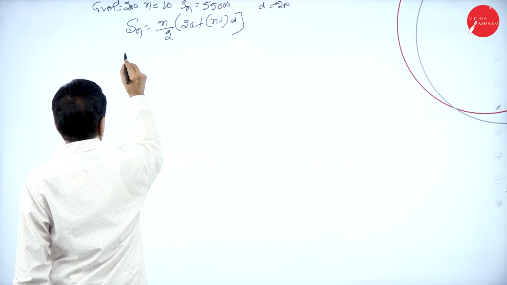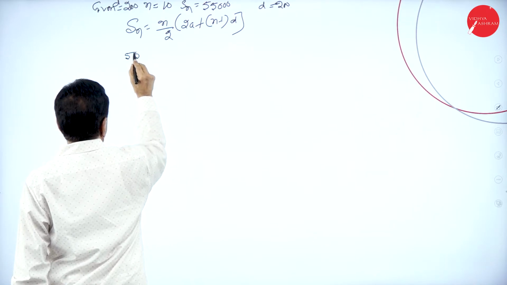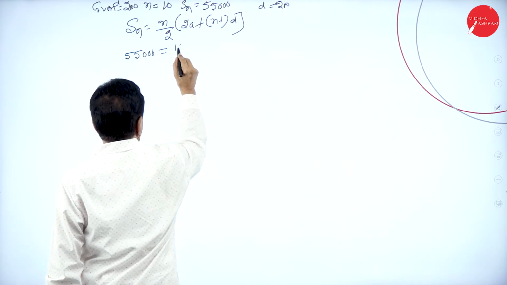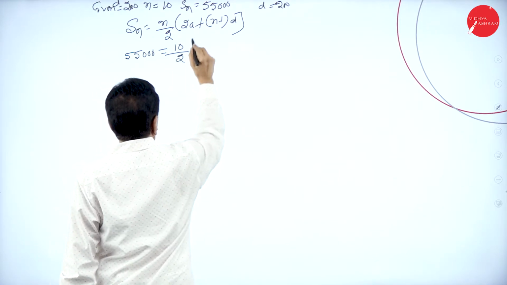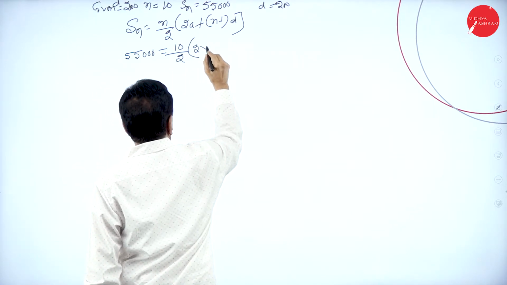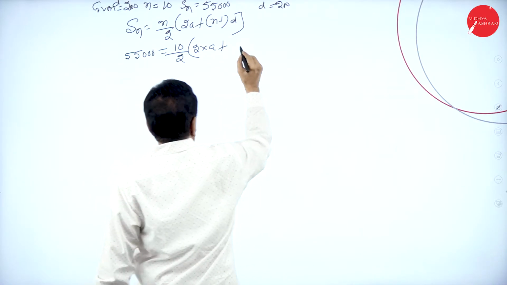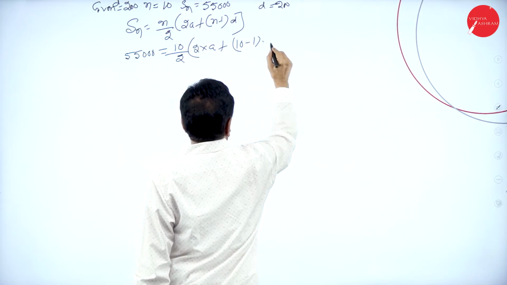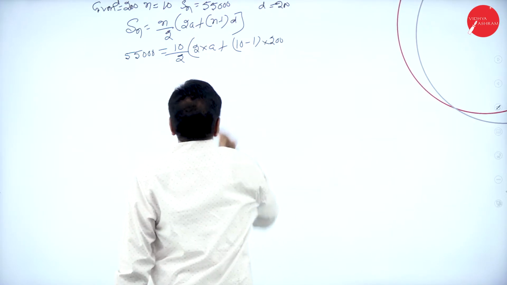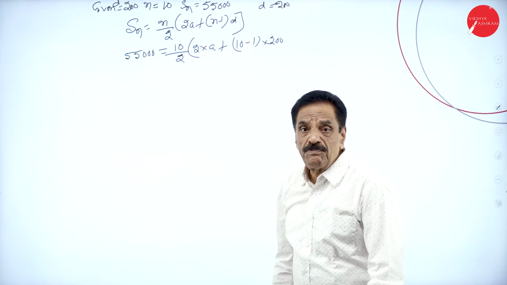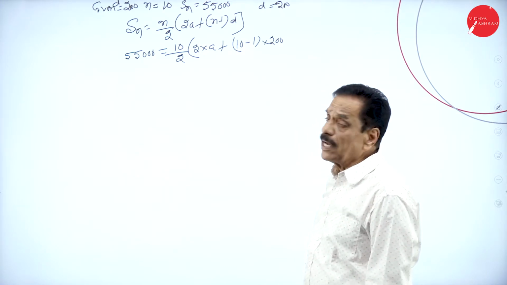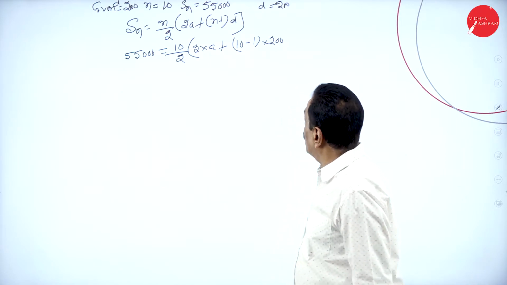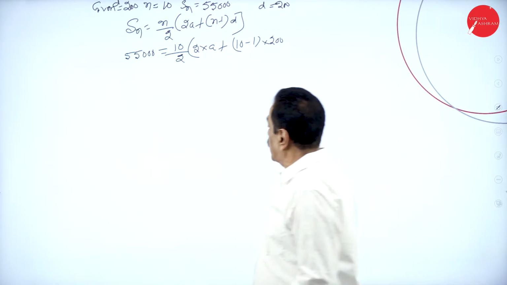Simplify: this is 55,000, number of years is 10 divided by 2, 2 into A we don't know, 10 minus 1, the difference is 200. I think you understand. 55,000 into N, the number of years, is 10 divided by 2, 2 into A, 10 minus 1 is 200.